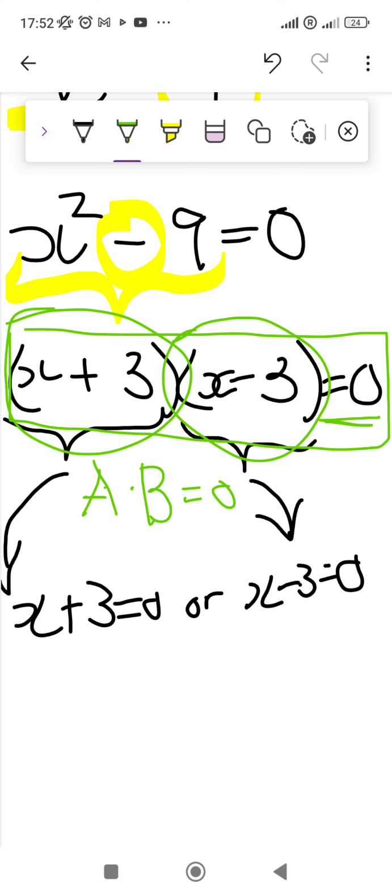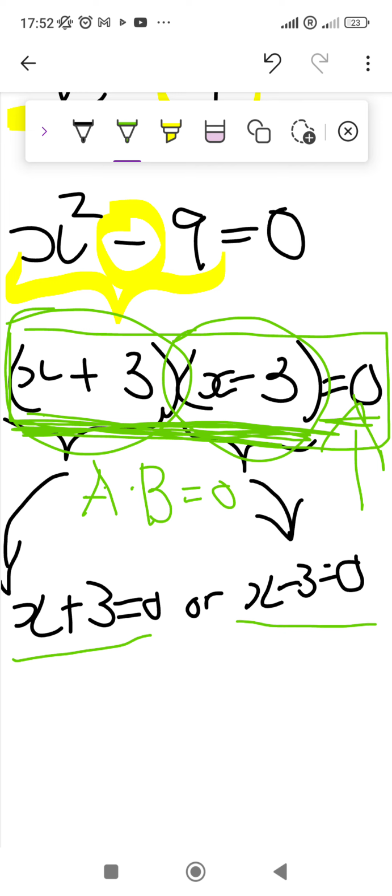So either this first bracket is 0. If the first bracket is 0, it doesn't matter what the second bracket's going to be, because 0 times anything equals 0. So once we have two things multiplying, even three things, and the product equates to 0, we know that any one of those things that's multiplying could equal 0. So that's where we ended up with these two solutions.